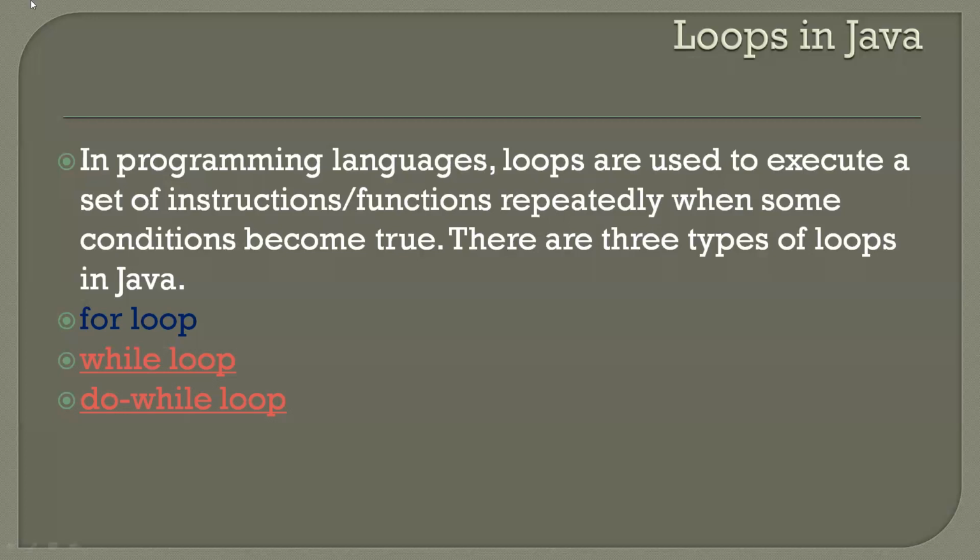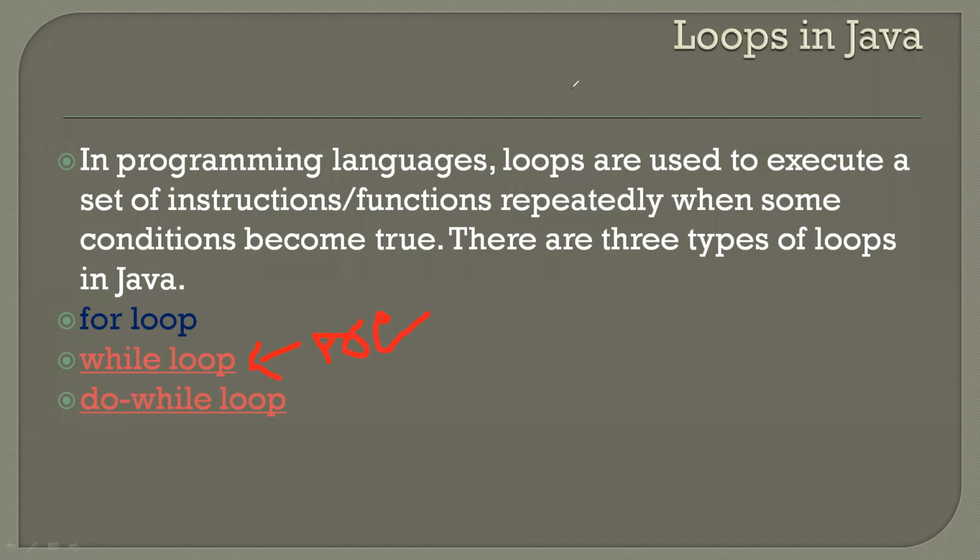Among these, the while loop is called a pre-test iteration loop. Pre-test in the sense we first check the condition, and only if the condition is true will the loop be executed.